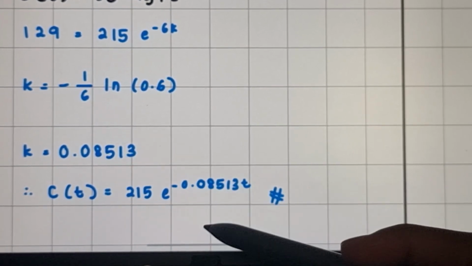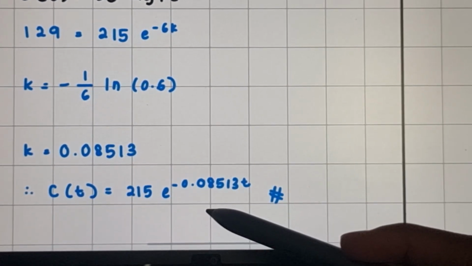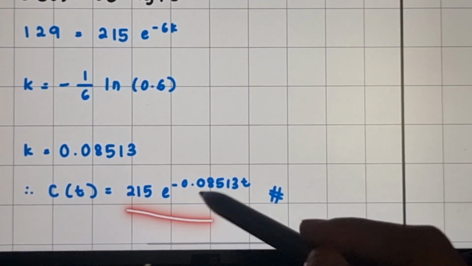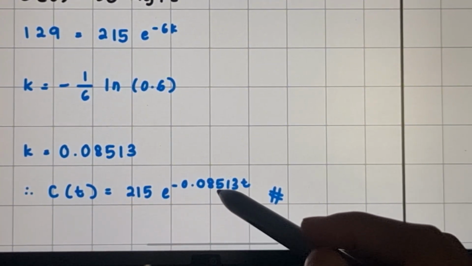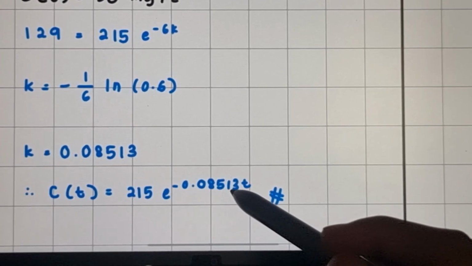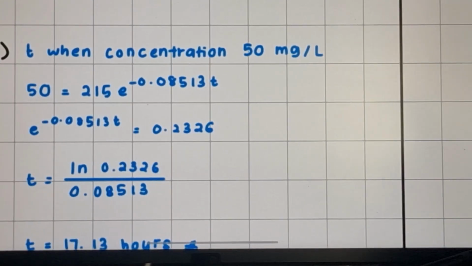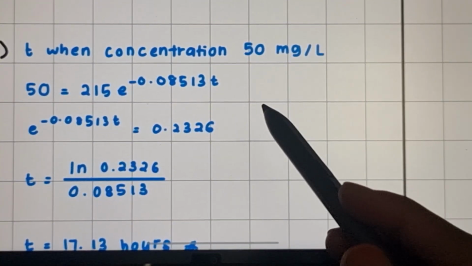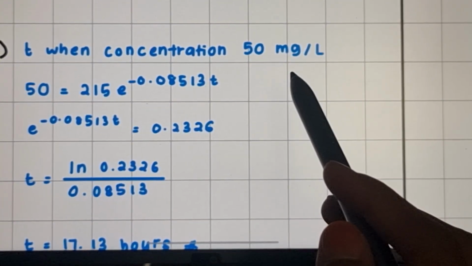So therefore the final mathematical model is C(t) = 250 e^(-0.08513t). For question B, find the time when the concentration reaches 50 mg/L.